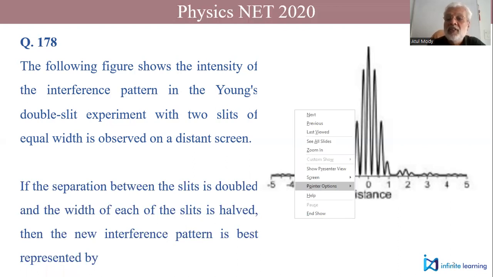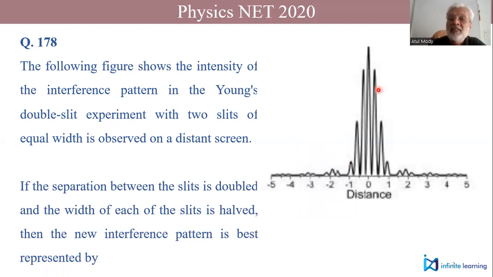look at this envelope, you can see the whole peak. Okay, that's a single slit diffraction, and inside that single slit diffraction envelope, what we have is the double slit interference pattern.